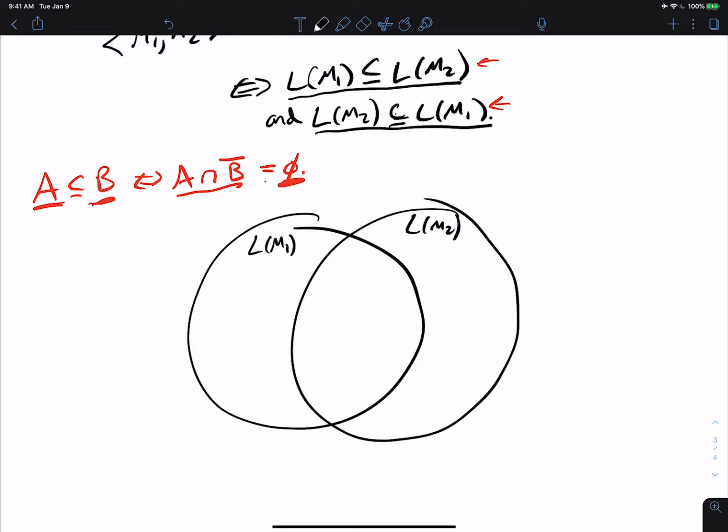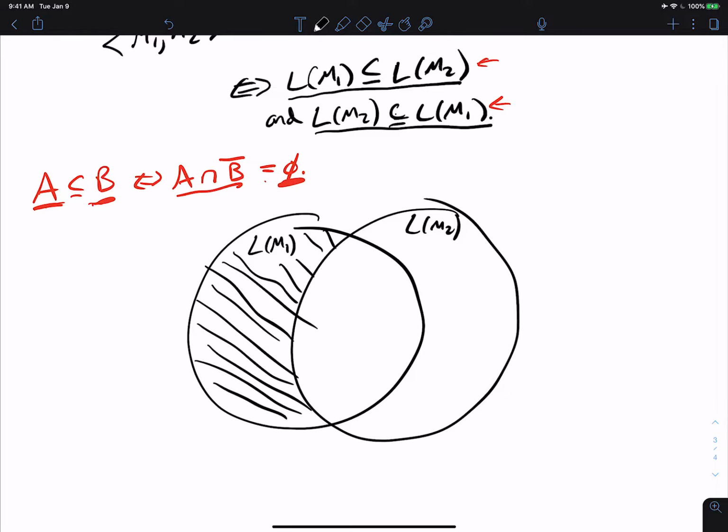And what we want to do is check if these two circles are the same. If they are the same, great. If they're not, then we report that they're not the same. Well, another way of viewing this is, let's look at these regions over here. So this region, and this region.